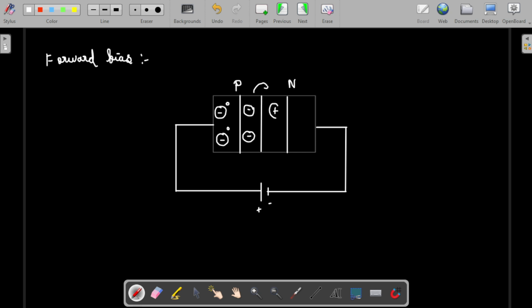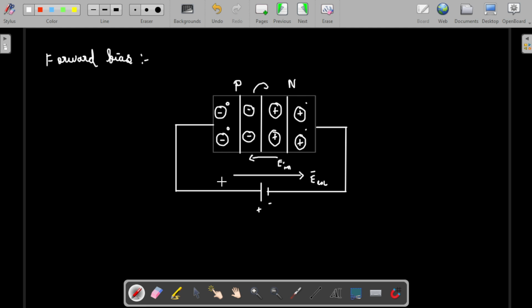So this is a donor atom without free carriers, and there will be a donor atom with free electrons. Because of this, an internal electric field will be developed. So that is E internal. Because of the external supply, positive to negative, there will be a greater electric field. The electric potential that develops will be greater than the internal electric field. So this is E external that developed because of this battery voltage source.